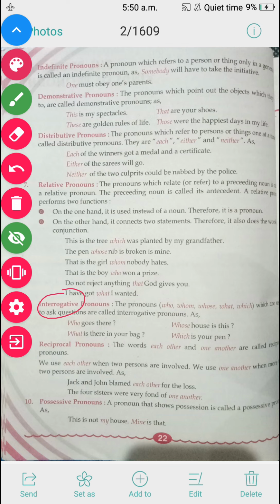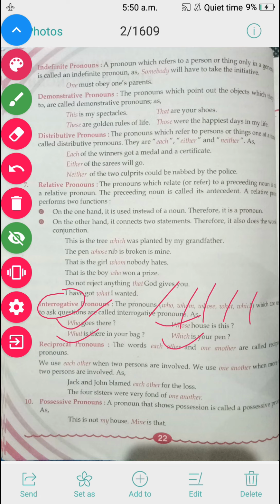Now see the interrogative. Interrogative, just see the questioning words: who, whom, whose, what, which, and sometimes we also use how many, howsoever.